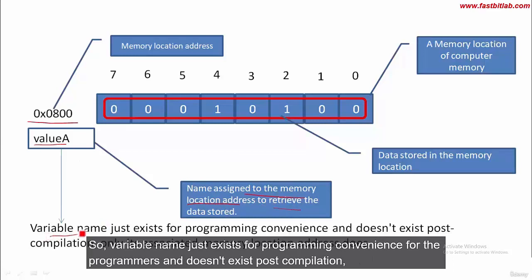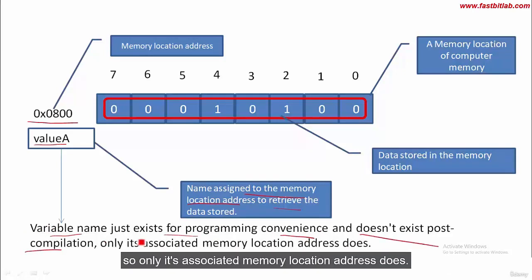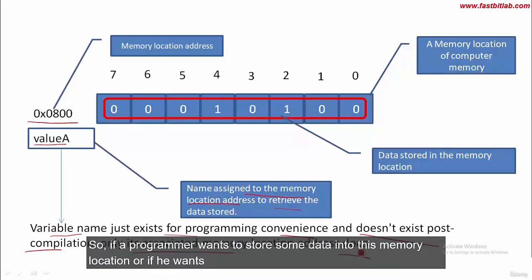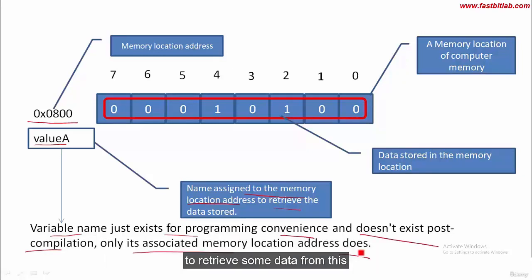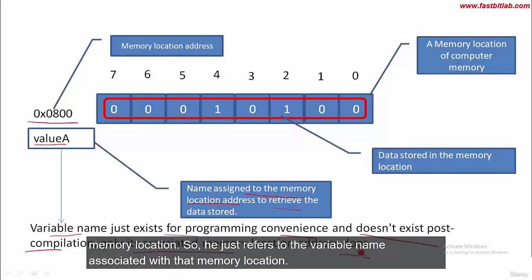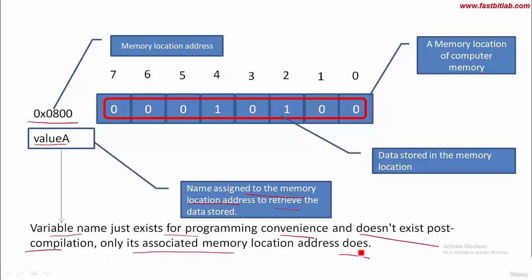The variable name exists just for programming convenience for the programmers and doesn't exist post compilation. Only its associated memory location address does. So if a programmer wants to store some data into this memory location, or retrieve some data from it, he just refers to the variable name associated with that memory location.